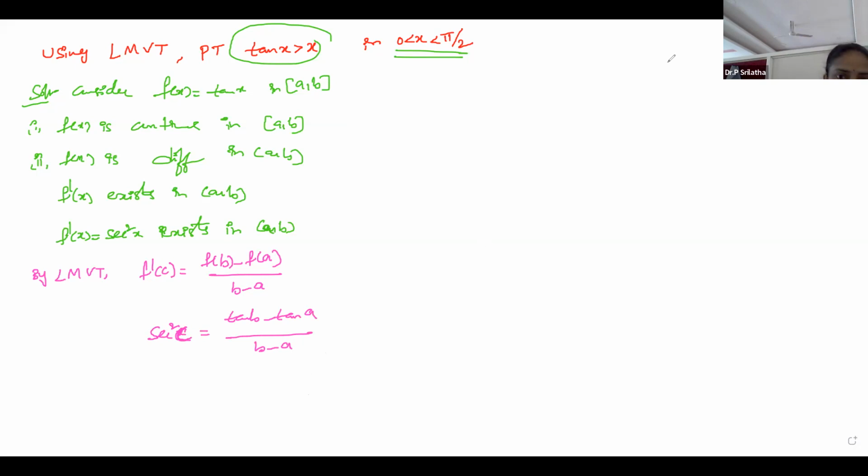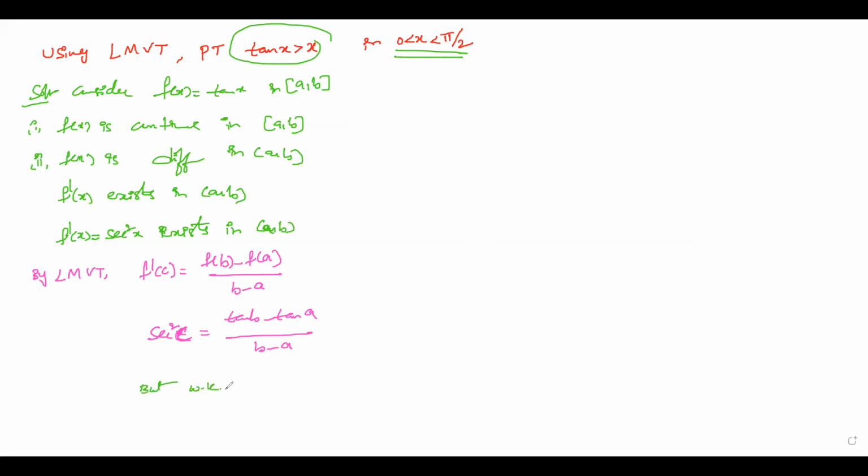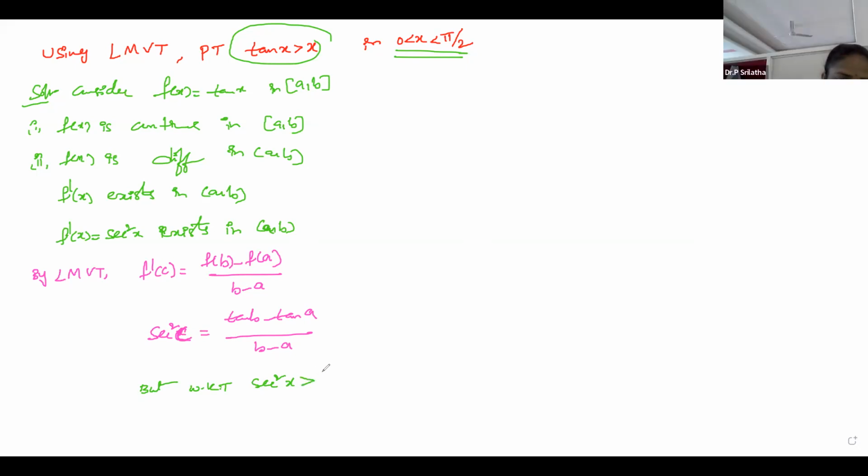Is there any formula regarding secant square x? Secant square x lies between 0 and 1, maximum value is 1. No, the condition is, once check in Google. The condition is that secant square x is greater than 1.